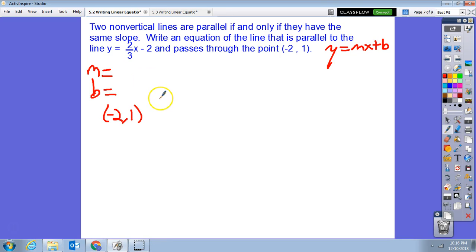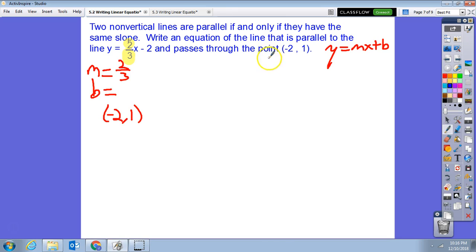Or do I? What did it say before? Two lines are parallel if and only if they have the same slope. So when I tell you that something is parallel, I'm telling you that it has the same slope. So 2/3 is my slope.